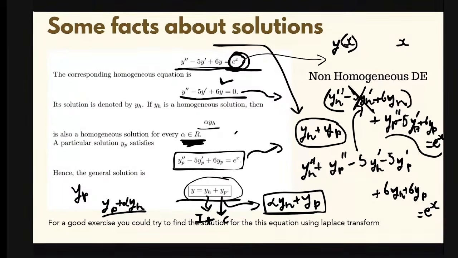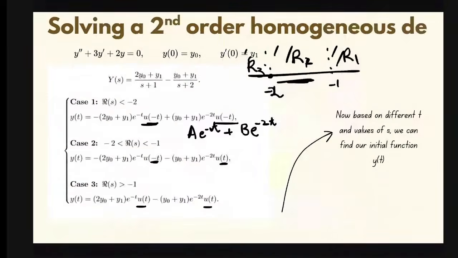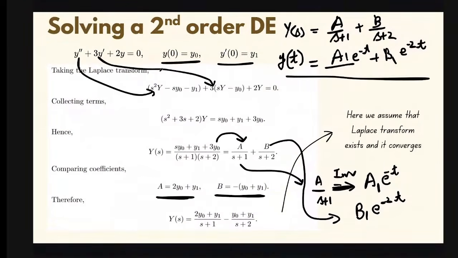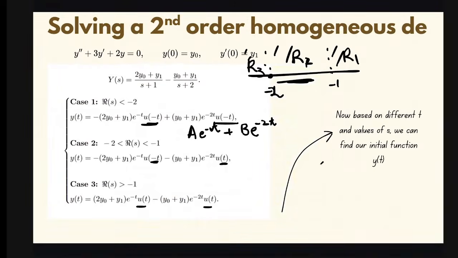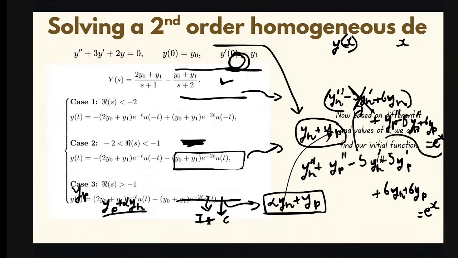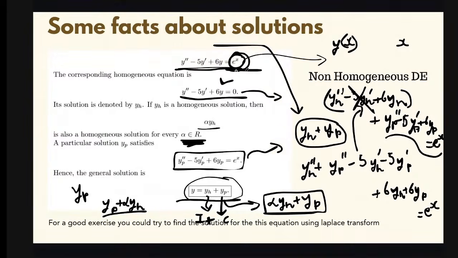I'm not doing it for you because I don't want to do everything. Just try it on your own. Like as we solve for the yh over here, it's the exact same way of doing it. But just that you'll have to include this e power x into consideration.